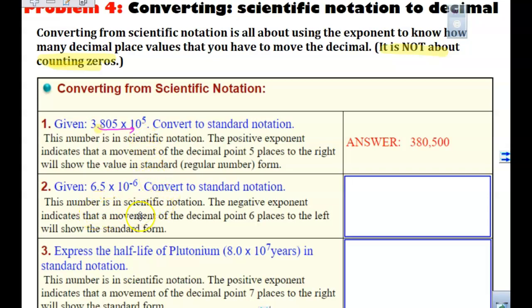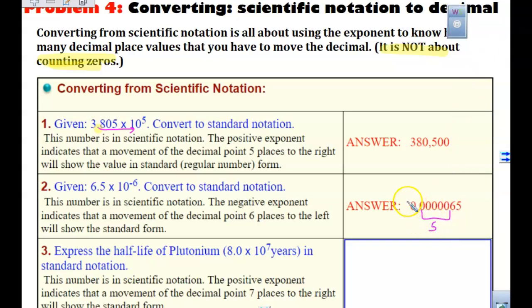Now, when we think of this number and converting it from scientific notation, it's a really small number. What we want to be thinking of is how many places do I have to move my decimal? I have to move it 6 places to the left. When it's negative, you're kind of counting the zeros, though not necessarily. You should have 0 point. And then when I take a look at this, I have 5 zeros here, but I have a total of 6 zeros.